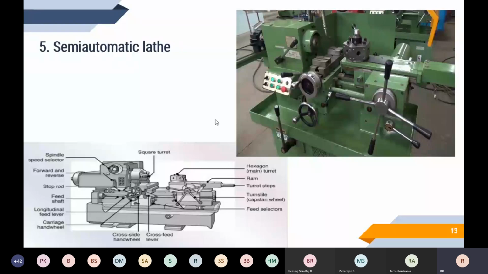For semi-automatic lathes like turret and capstan, we can fix more than 5 or 6 tools for the operations. The sequential machining process can be done using the turret lathe without moving the workpiece. That is most important. Why is it called semi-automatic? The tool changes are automatic, but the job loading and unloading, coolant on and off, those operations are still done manually. That's why it is called semi-automatic lathe.